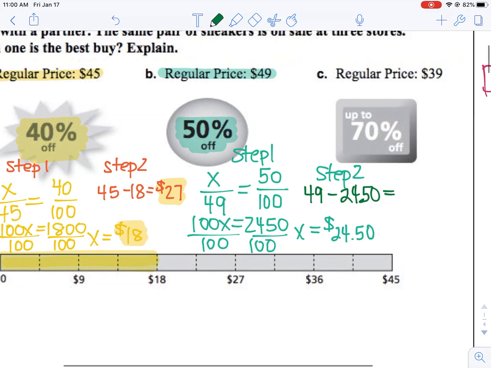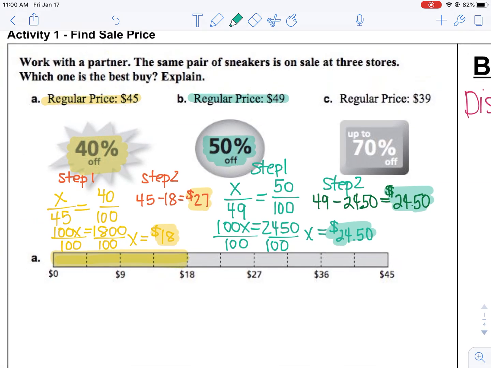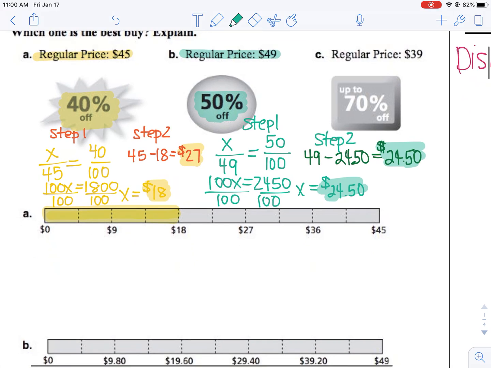So remember, we were taking half off, so this should come out to be the same as the discount. So I have my discount and now my price of my shoes, and that should make sense because you're taking 50% off. So we're going to go down to this highlight bar, and we are going to highlight all the way up to here because that's $24.50.